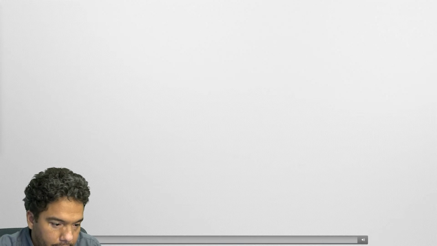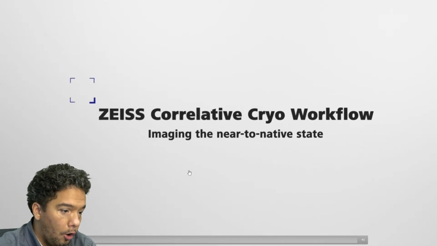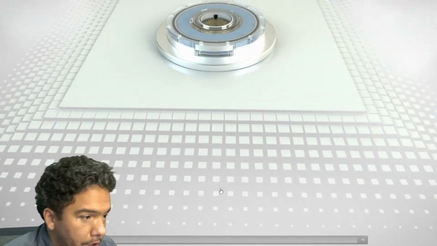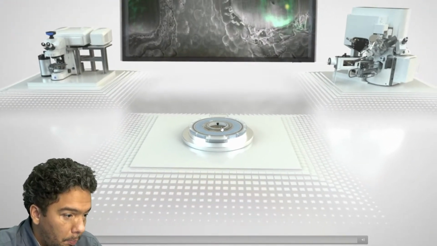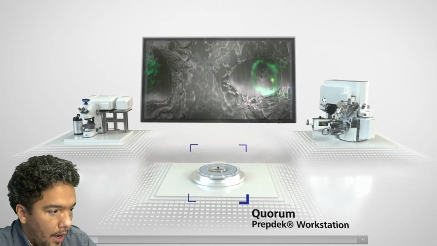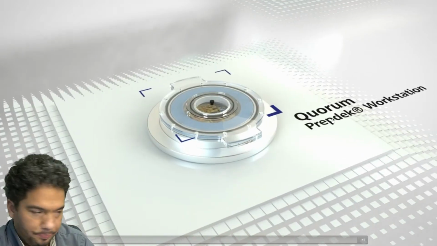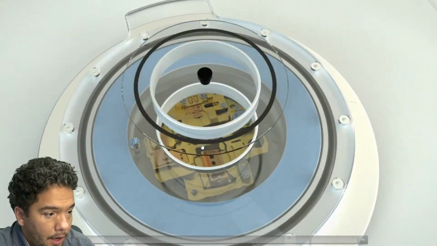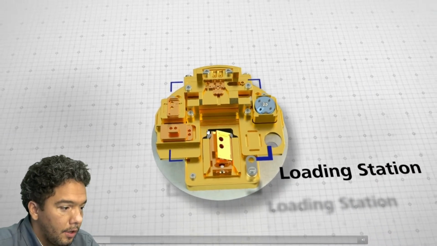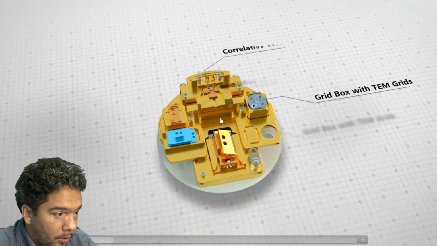This is a video here. Let me change this. It shows a very fast animation of the correlative cryo workflow. Here you can see the sample prep. This is the confocal microscope, and this is the Crossbeam. In the prep table, we have all the kit to manipulate the sample.